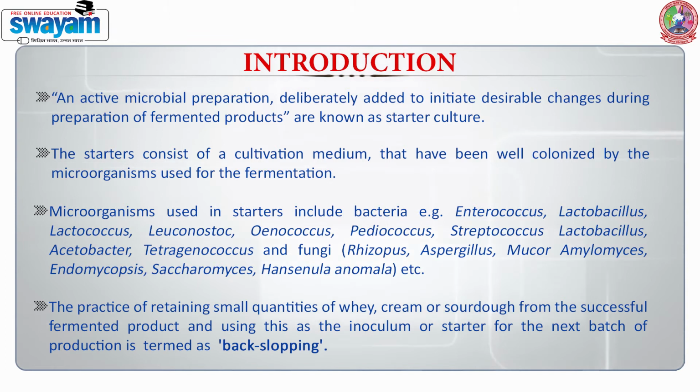The practice of retaining a small quantity of whey, cream or sourdough from a successful fermented product and its usage as an inoculum or a starter for the next batch of production is termed as back slopping.